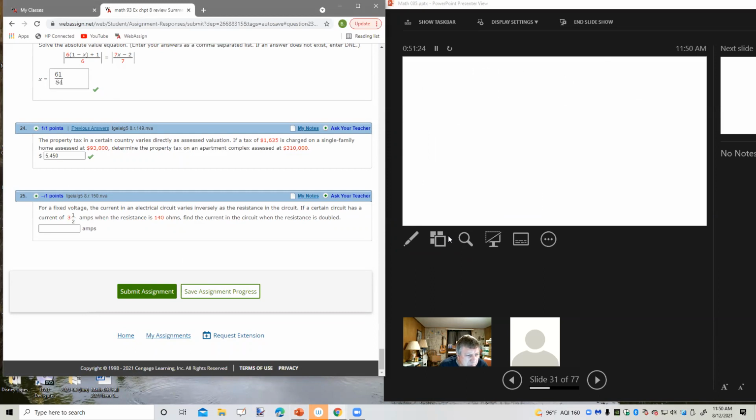let's see, for a fixed voltage, the current in an electrical circuit varies inversely as the resistance. So we're going to let C, there we go. C is going to equal current. And R is going to be resistance.